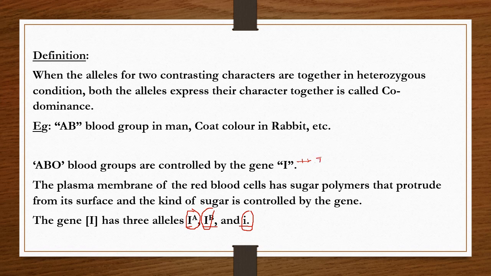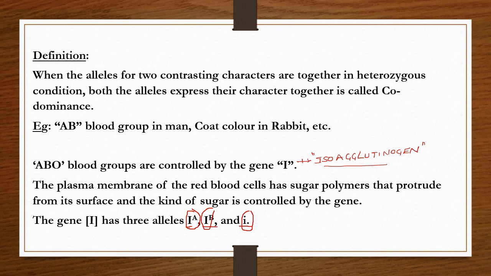The I represents isoagglutinogen. So this I indicates this compound name, isoagglutinogen. So this I gene is represented with the three alleles IA, IB and small i.